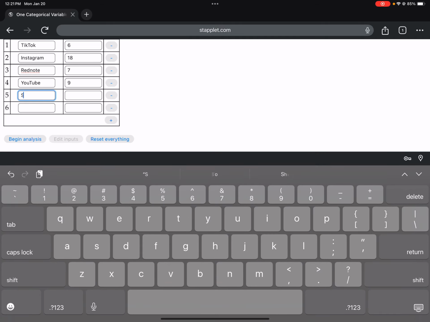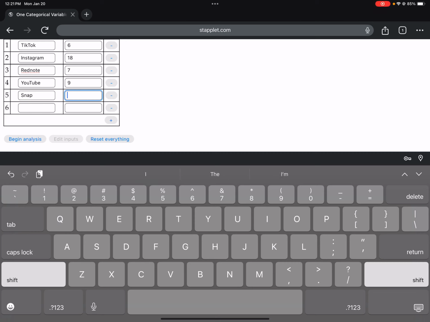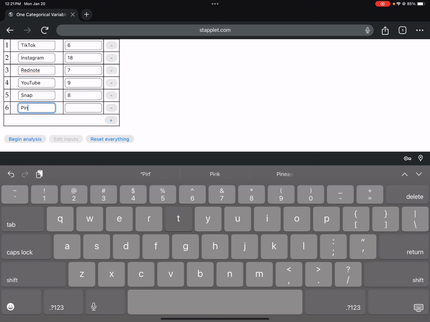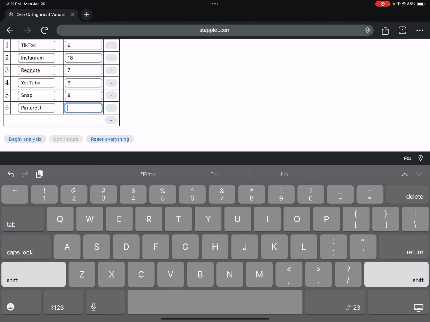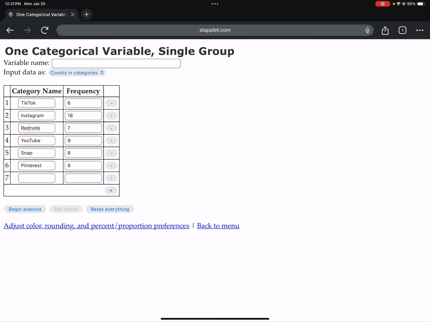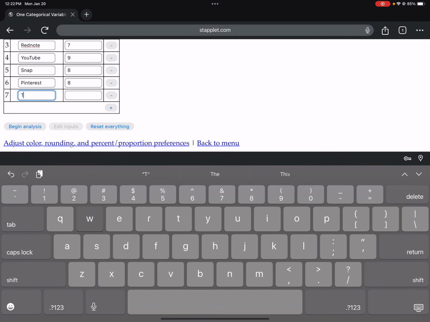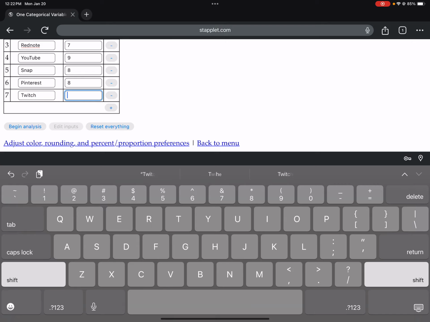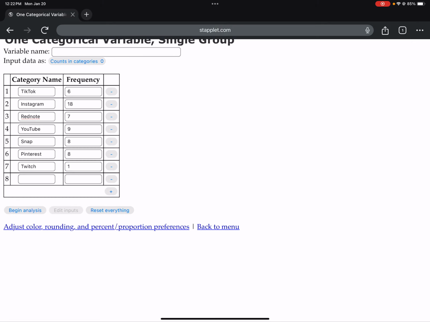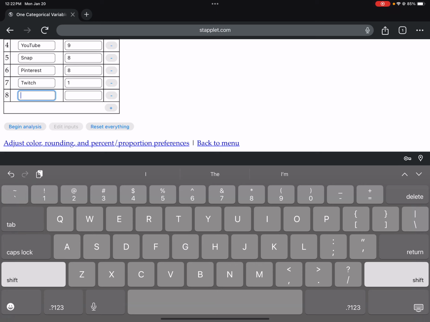Snapchat was 8. Pinterest is also 8. And then Twitch is 1. And Discord is 2.